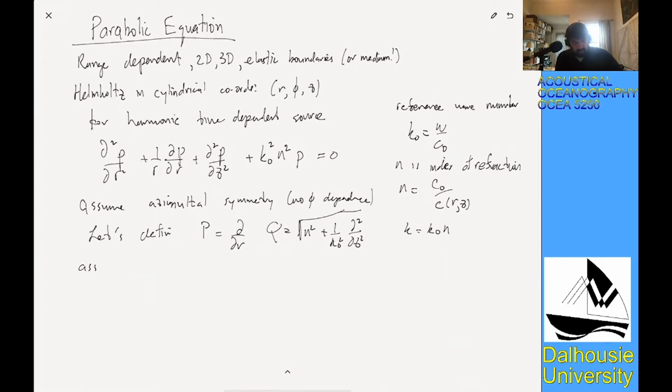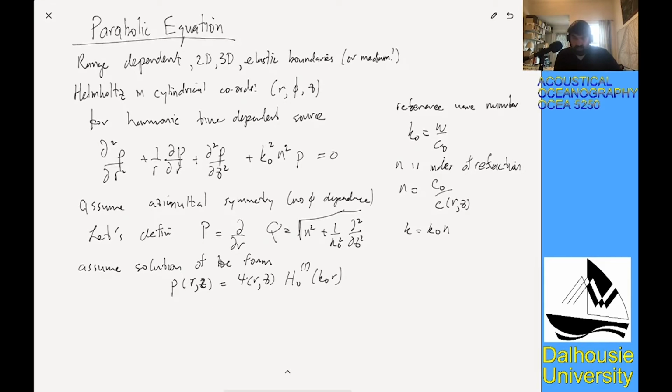We're going to assume the solution is of the form p of r, z, little p of r, z, is equal to psi of r, z times the Hankel function of k naught r.